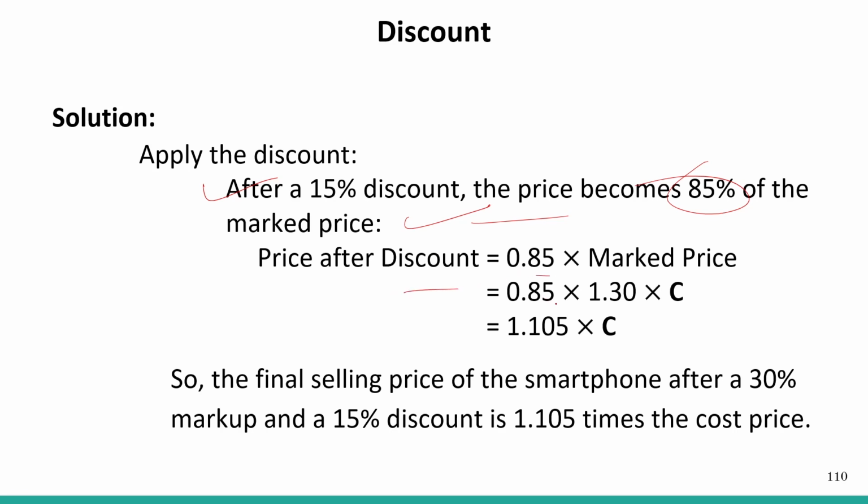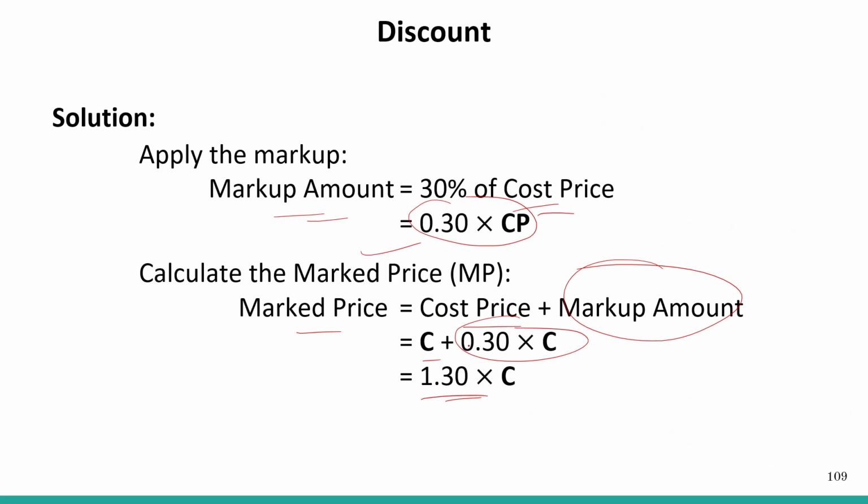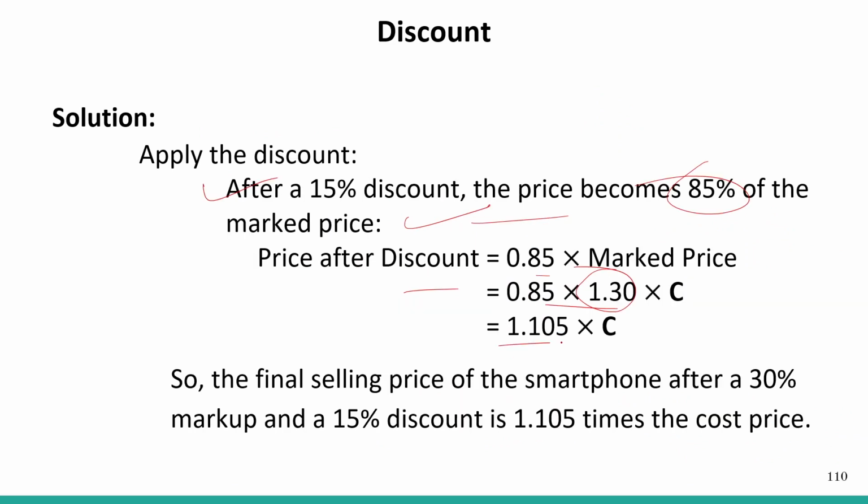So it will be 0.85 into 1.30. Okay, so this much amount of discount has happened. Okay, it will be 1.105C. So after selling the smartphone after 30% markup and 15% discount, the price is 1.105 times the cost price.